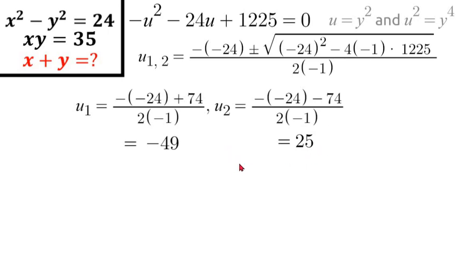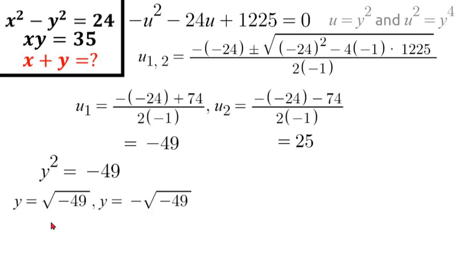Now, if we recall, up top right corner here, u is going to be equal to y squared, right? Now we have a u value here, so y squared would be equal to negative 49. So we're going to take the square root of both sides. So y is going to either be a positive square root of negative 49 or a negative square root of negative 49.